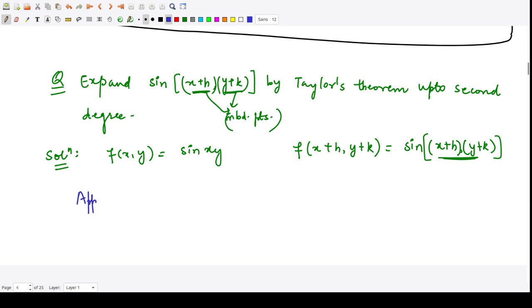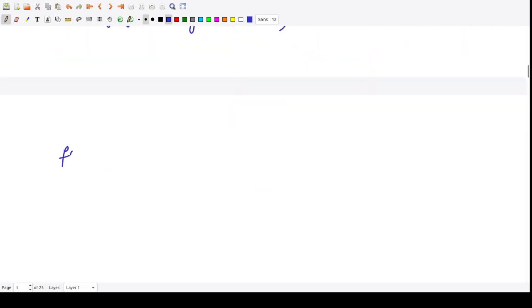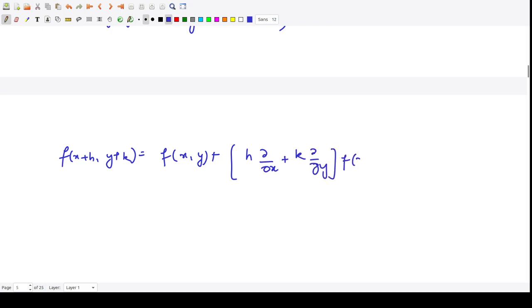Applying the Taylor's theorem, we have f(x + h, y + k) equal to f(x, y) plus the operator (h ∂/∂x + k ∂/∂y) operated upon f(x, y), plus 1 by 2 factorial and the square of this operator (h ∂/∂x + k ∂/∂y) whole square. So firstly what you will do, you will open up this bracket.